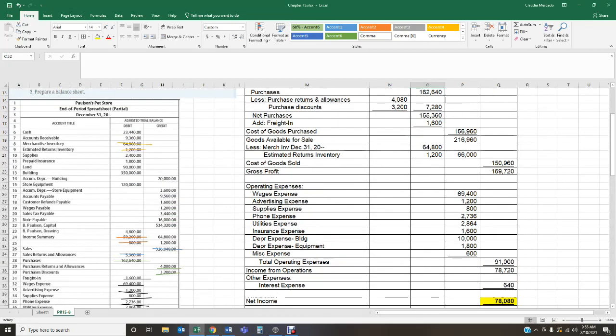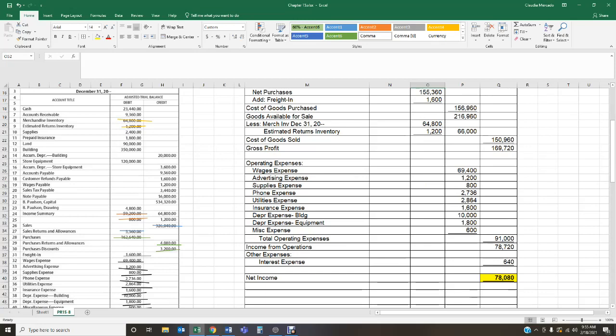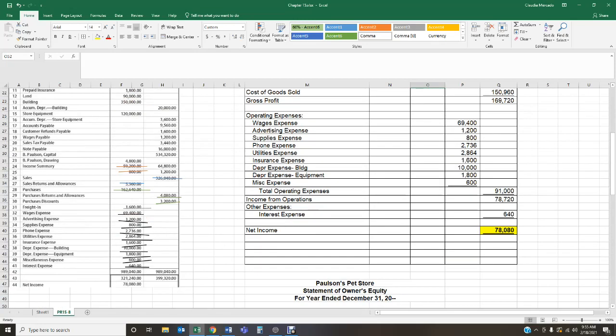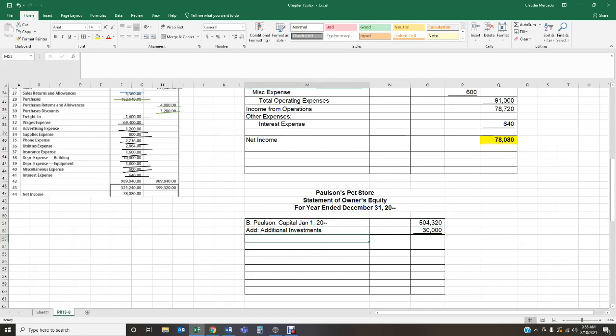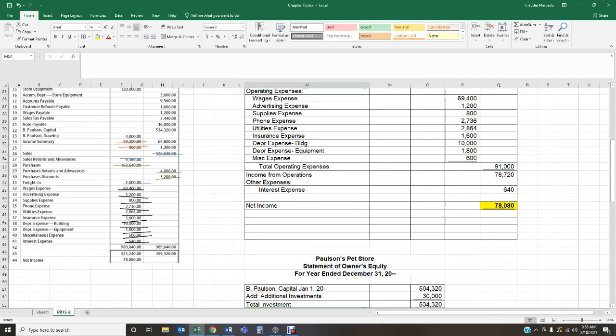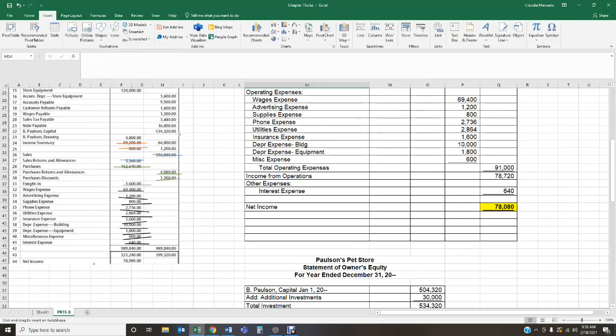Okay, so you get your difference between your beginning capital balance and your capital account balance on your trial balance, so we can figure out our additional investment. And we figure we had an investment of $30,000. Okay. Now I can get my total investment. I'm going to go ahead and add these two together. That gives me $534,320, which is what we have right here. Okay, which is what we have on our trial balance, $534,320.